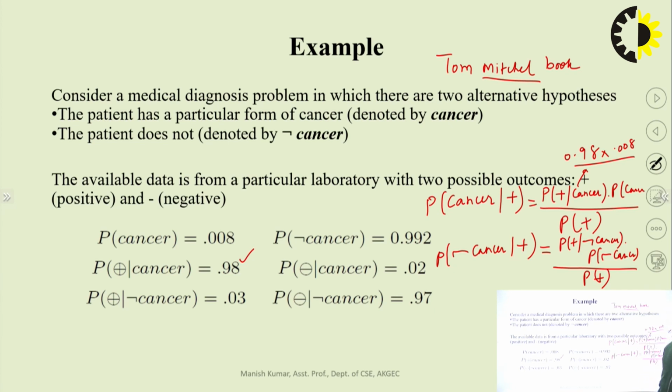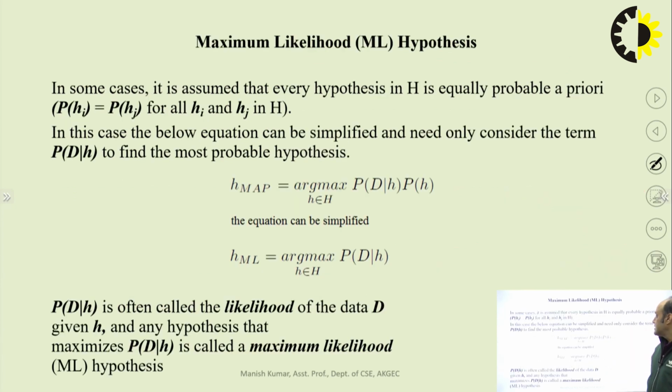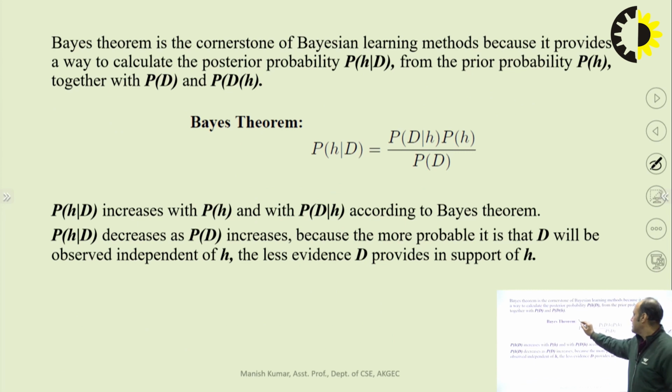So P positive, here we can find this: positive having no cancer, that is 0.03 times 0.992. So now we know that this is the formula, Bayes theorem.